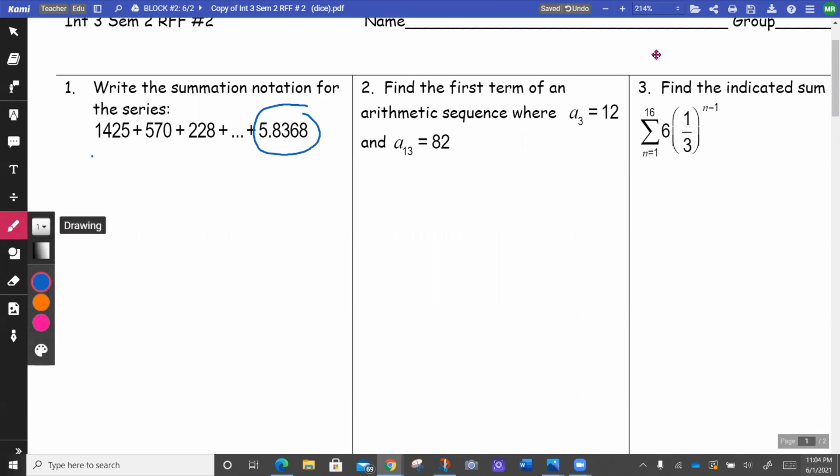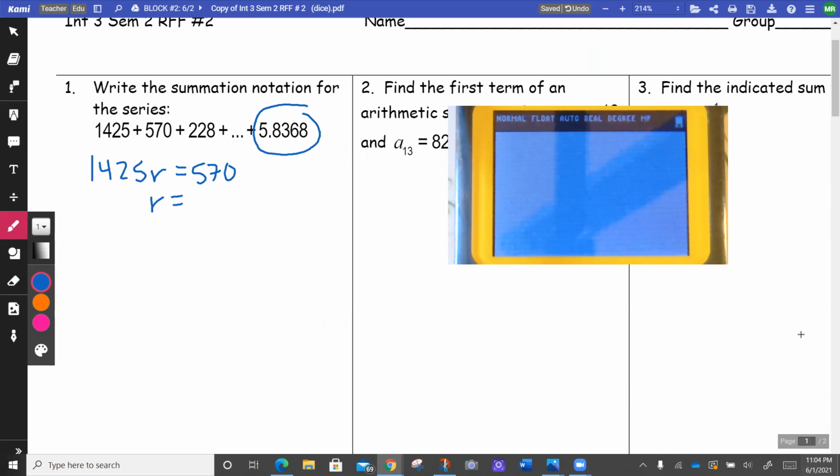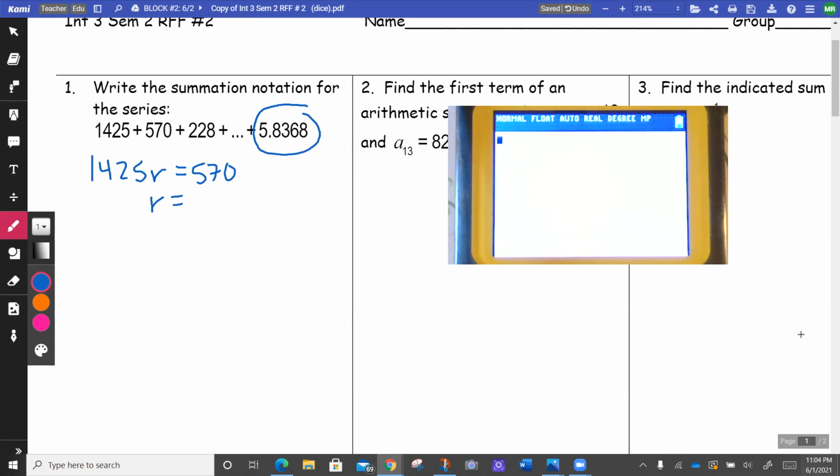So I'm thinking that I'm taking 1425 times something, I'm going to call it R, to get 570. Let me divide both sides. So 570 divided by 5.